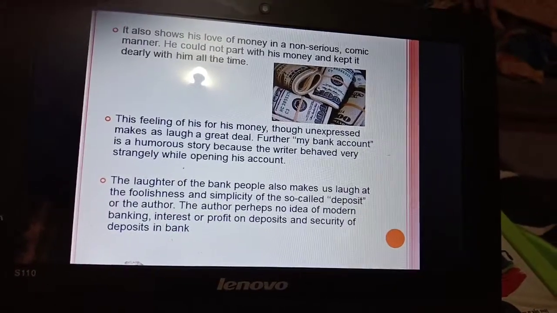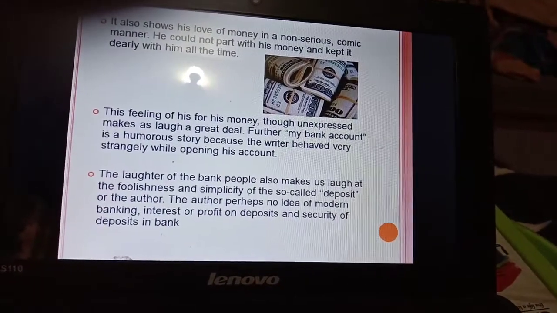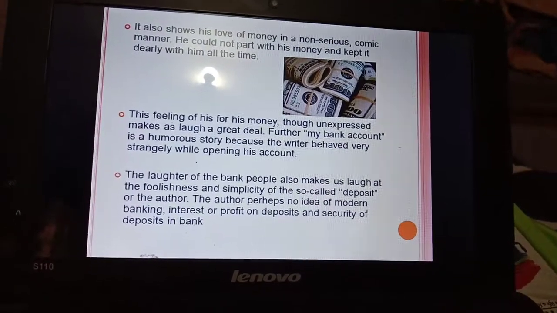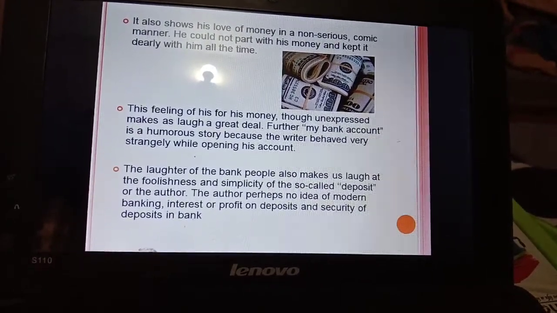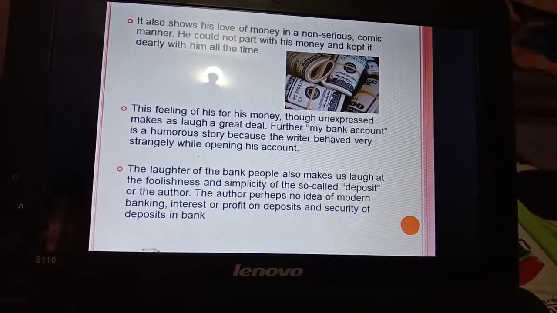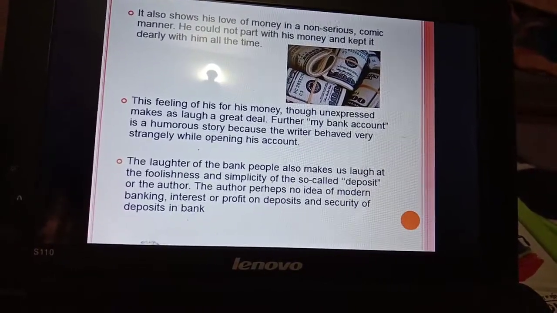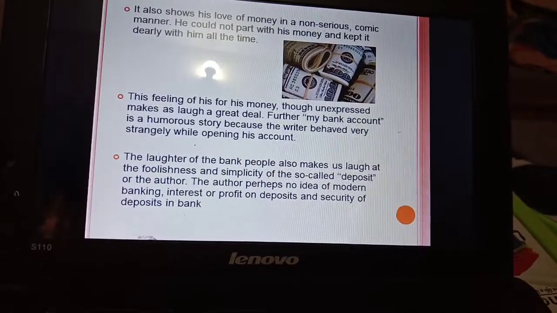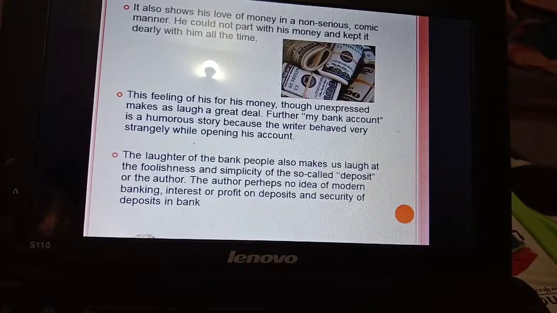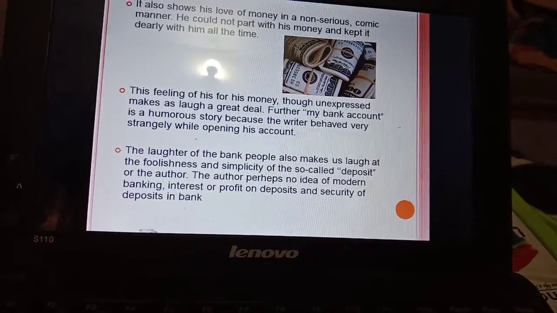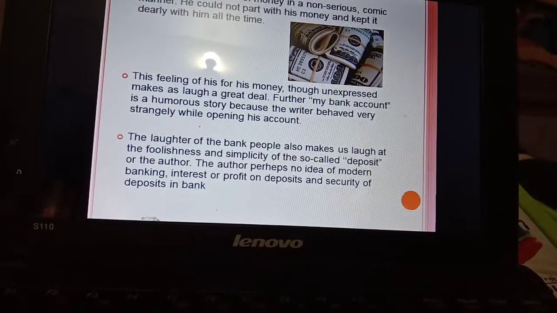So it also shows his love of money in a non-serious comic manner. He could not part with his money and wanted to keep it clearly with him all the time. These feelings of his for his money, though unexpressed, make us laugh a great deal. Further, My Bank Account is a humorous story because the writer behaved very strangely while opening his account.